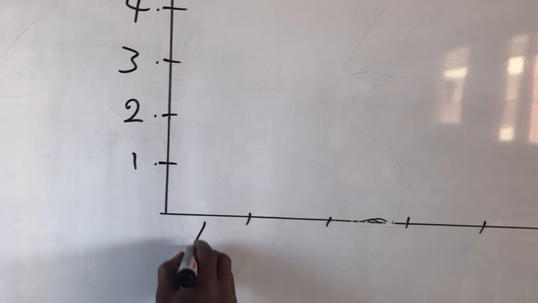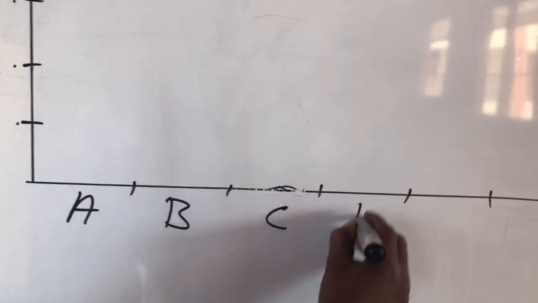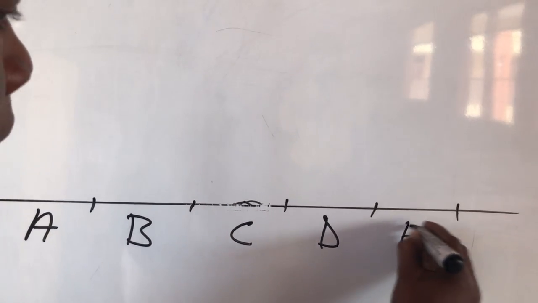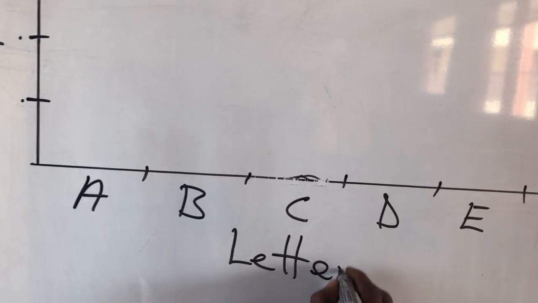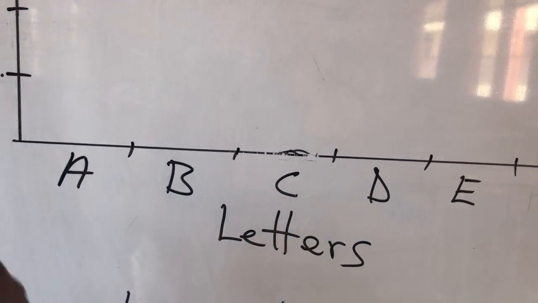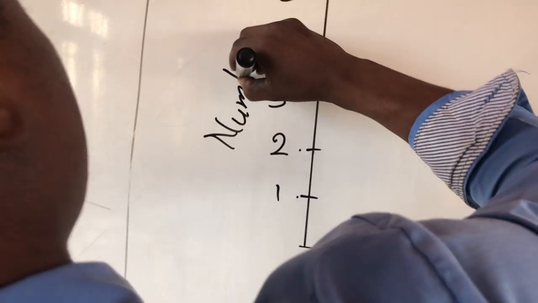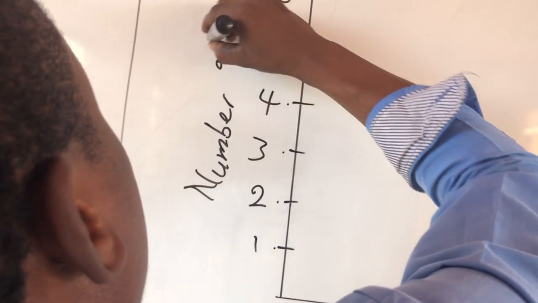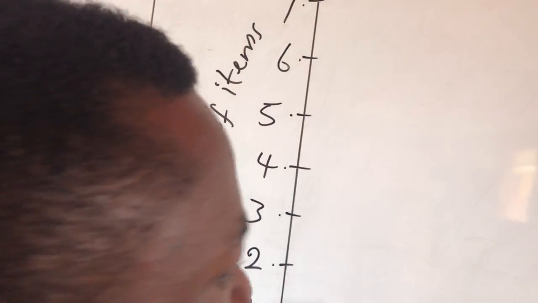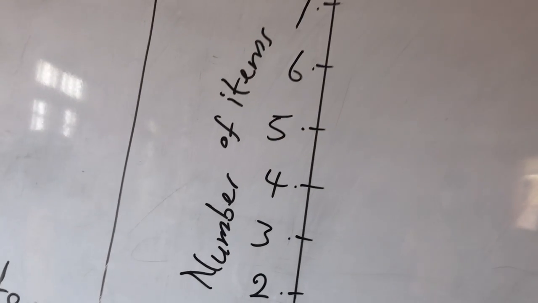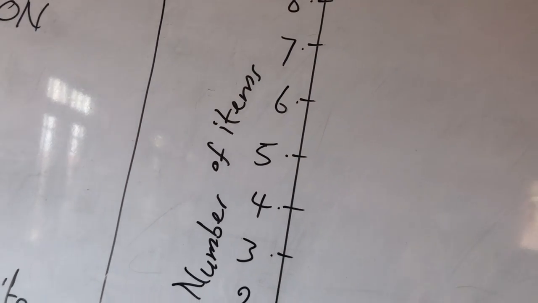Then this will be A, B, C, D, E. You have to write under these letters, and then number of items. Number of items. All right, let's continue.